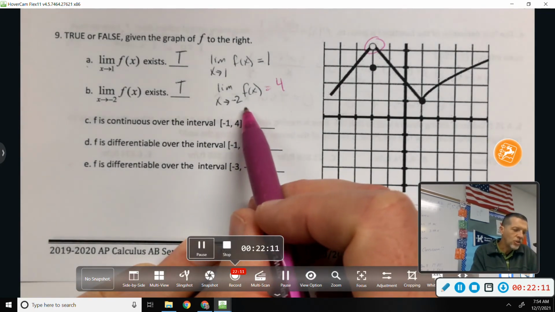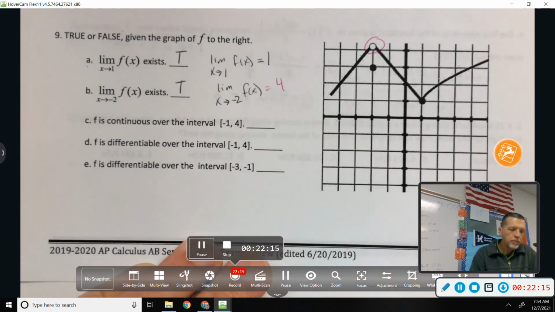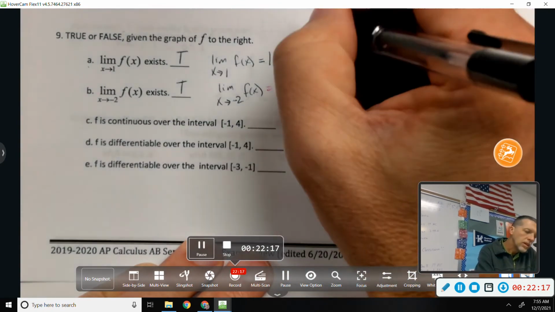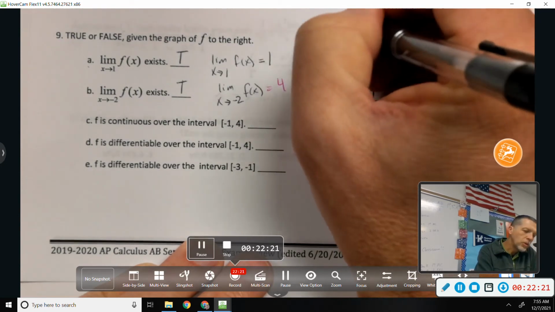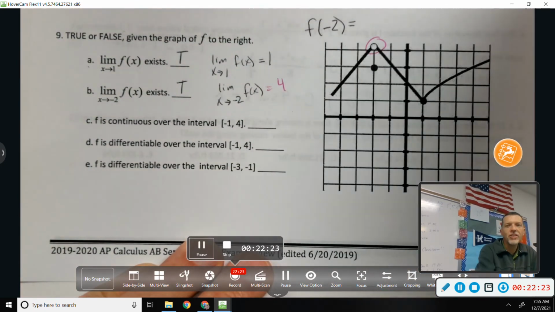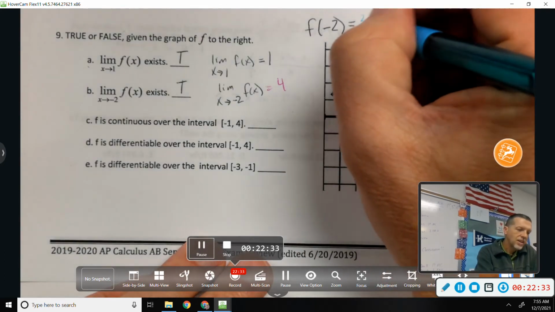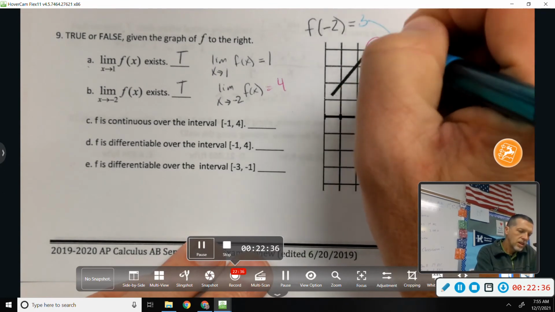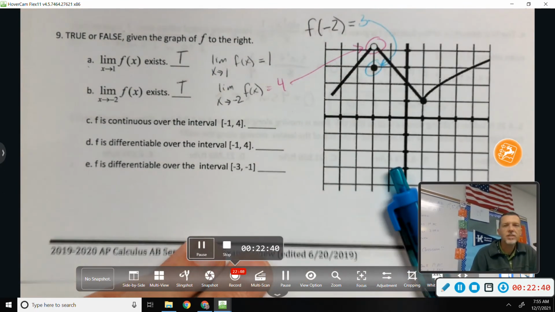It asks about the limit as we get really close to negative 2, as opposed to what f of negative 2 equals. The function at negative 2 is a separate question, and it's 3. So limit versus function, hole versus dot.